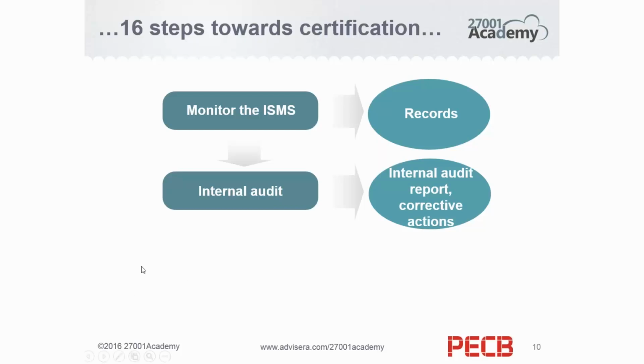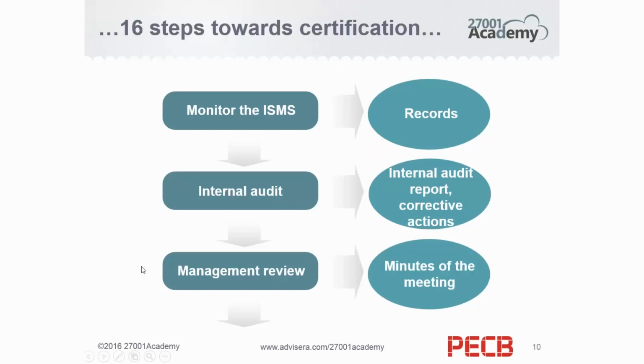Okay, the next step is to perform the management review. Management review is nothing else but a point in time where your top management needs to make some crucial decisions regarding your ISMS.